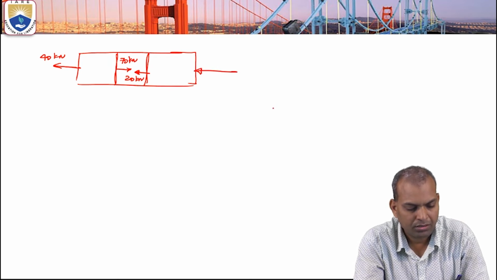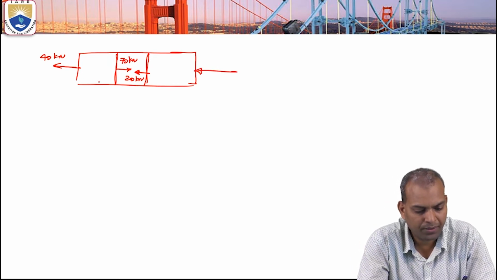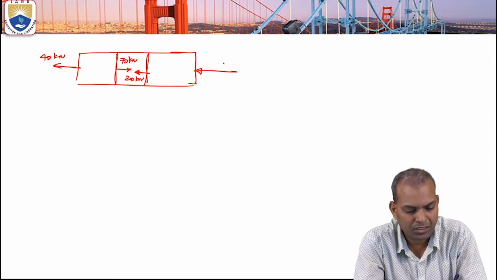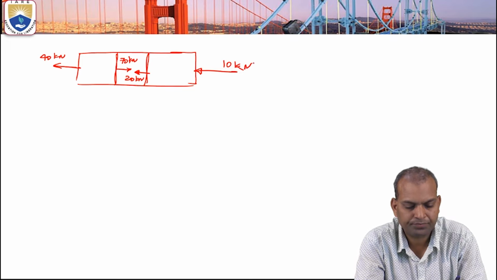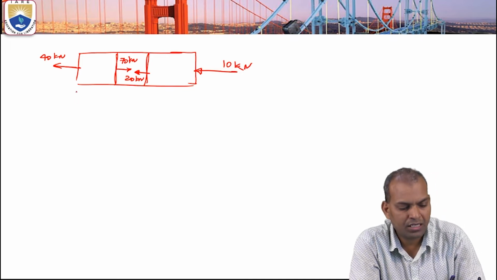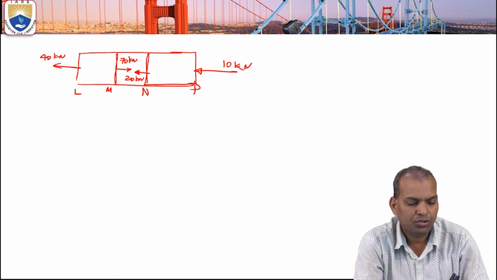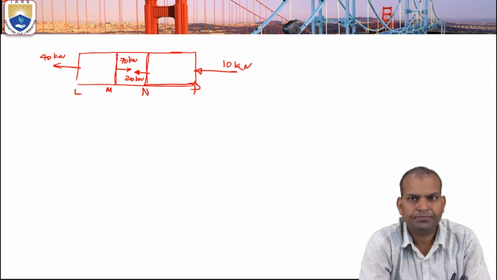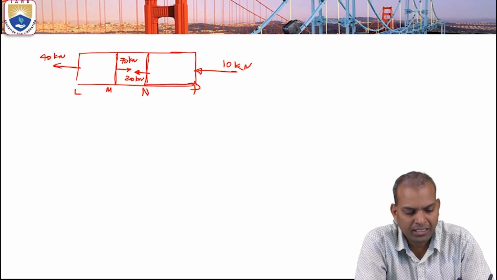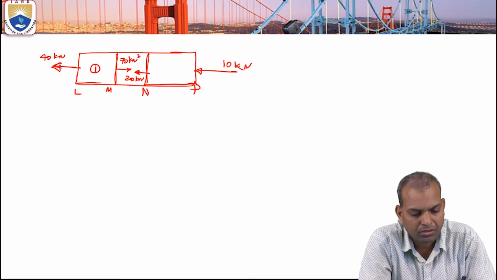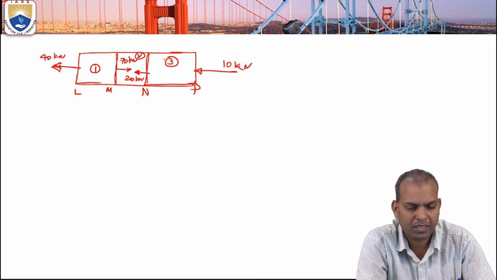Then the value of this is 40 plus 20, 10 kilonewtons. So if we consider the points L, M, N and P, how do we draw the free body diagram? To maintain equilibrium, the body should be in equilibrium, with section 1, section 2 and section 3.